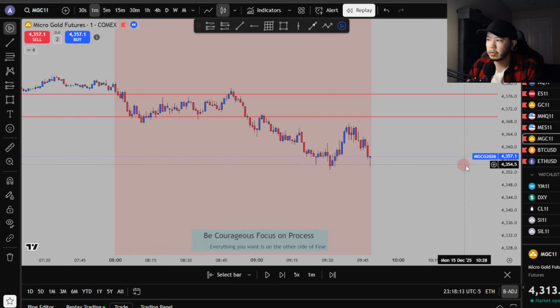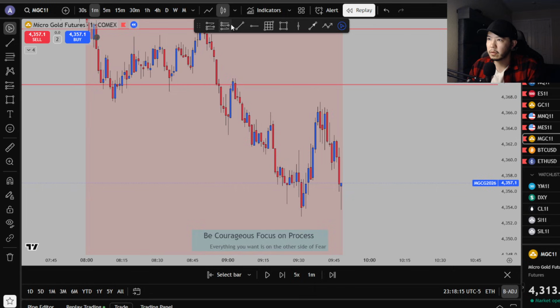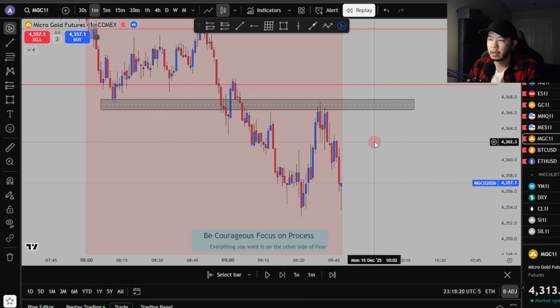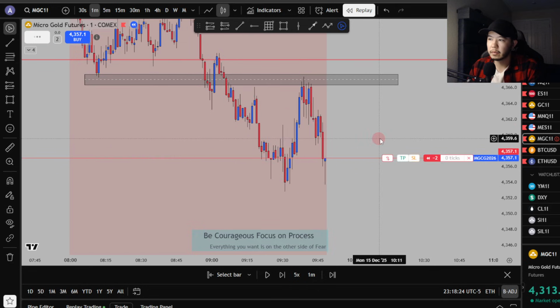And then I zoom out. I'm looking at it and I'm like, we came to this area and rejected it very strongly. I just get in again.